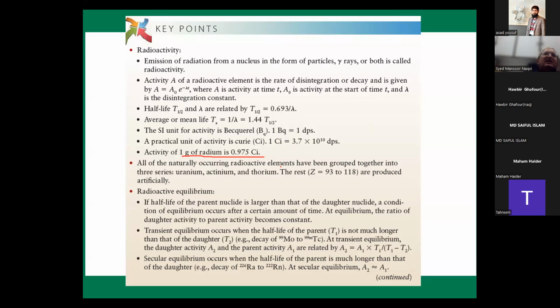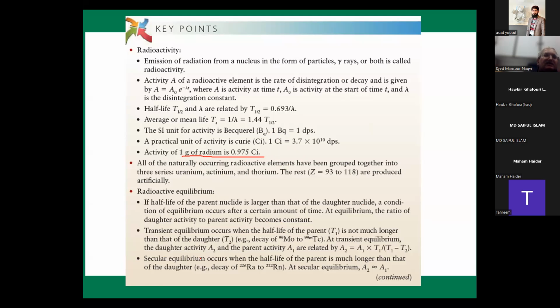Historically, one curie was considered as the activity of 1 gram of radium, but now in current parameters, 1 gram of radium is equal to 0.975 Ci.